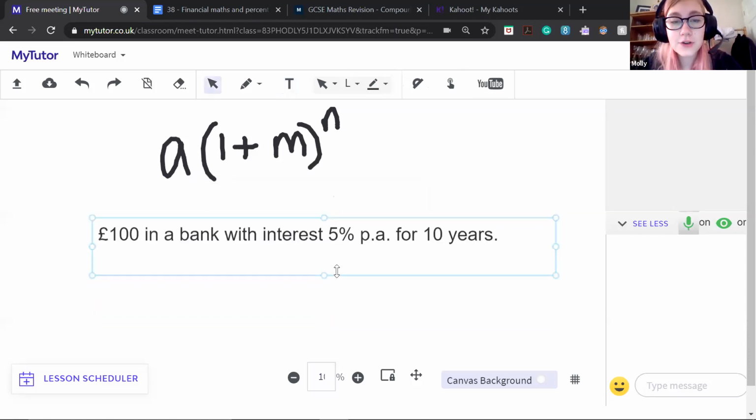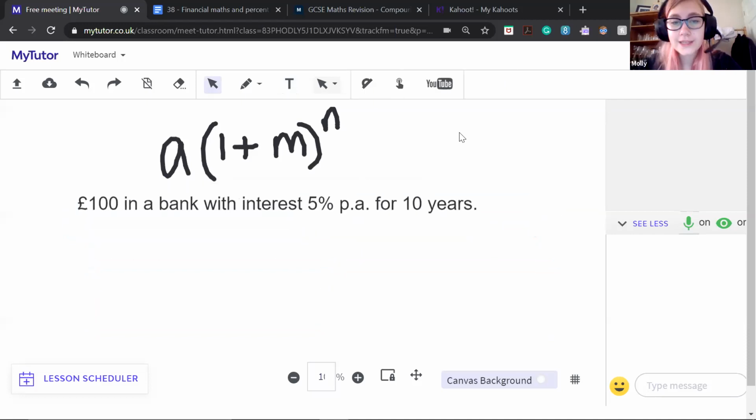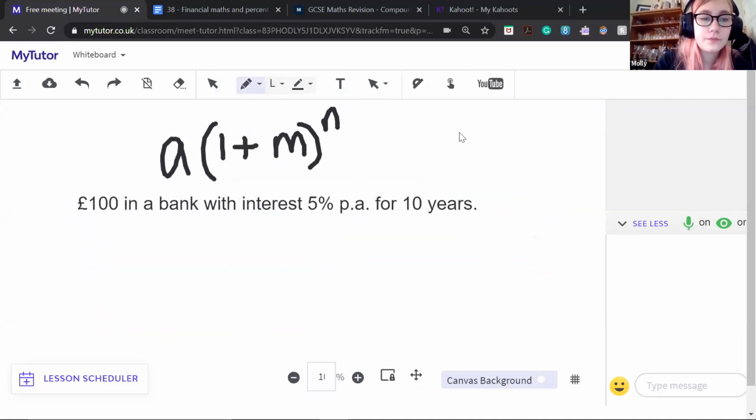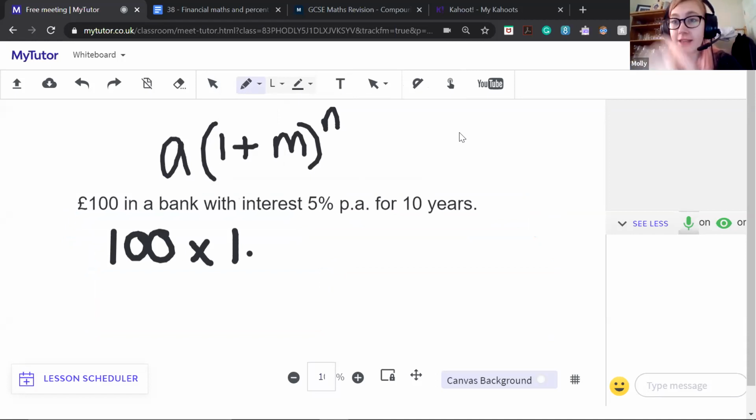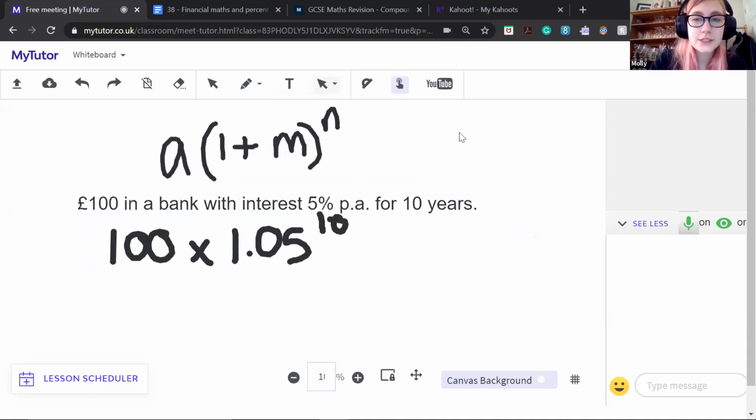So compound interest, we take that original amount, we are increasing it by 5%, and I will explain this concept of a multiplier when we get to percentage change, because this isn't used in compound interest, so don't worry about that. So this is our multiplier for an increase of 5%, and then we do that to the power of 10. That's just this formula. A is 100, this is 1, m is 0.05, and n is 10. So hopefully that will make sense there.